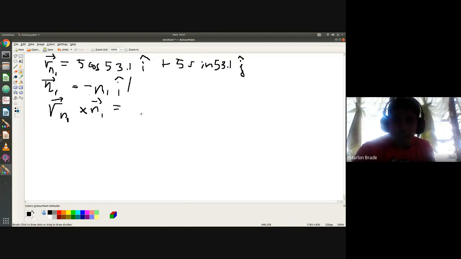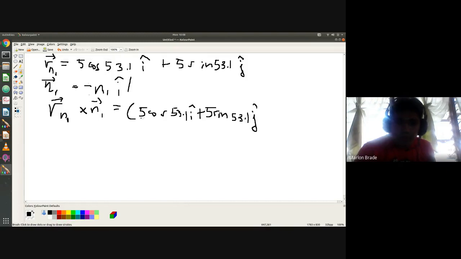Pila ang first term? Naa ko'y 5 cosine 53.1 I hat plus 5 sine 53.1 j hat.